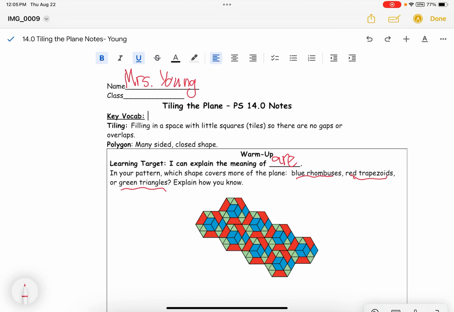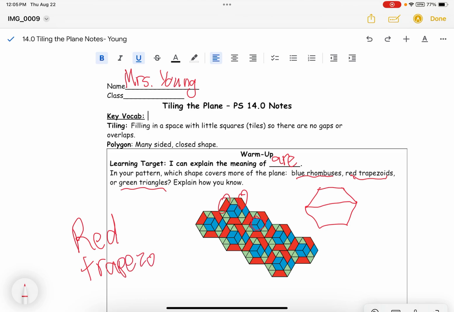You have to be able to put the different shapes together. If you put 2 of the red trapezoids together, then it would form 3 of these blue. There's a bunch of different strategies. Hopefully you did it in class, but you can come up with your own. In the end, it ends up being the red trapezoid because it just covers more space.